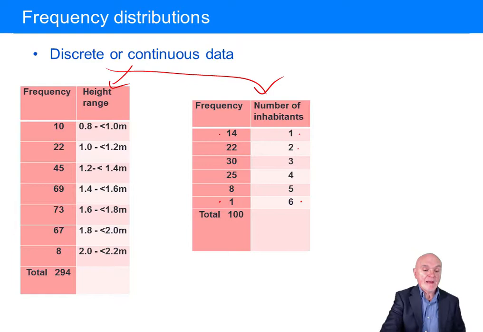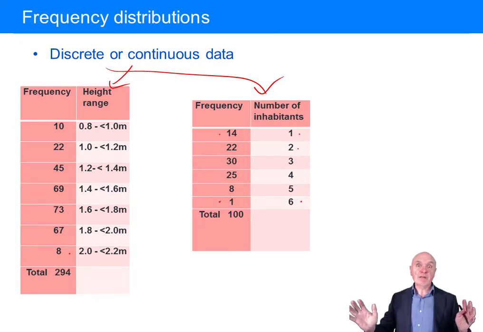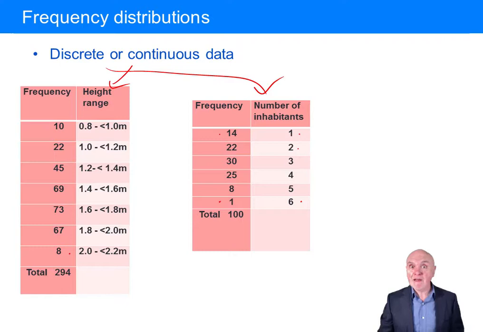Quite often at the ends, when maybe you've got very, very few people, rather than having lots and lots of little intervals with hardly anybody in them, you might say, right, from 2 meters up to 2.5 meters, we'll just lump all of those very tall people together, and so on. And then maybe from 0.8 down to 0.3 or something, we'll lump all of those people together, because there's not going to be very many of them down there, probably.